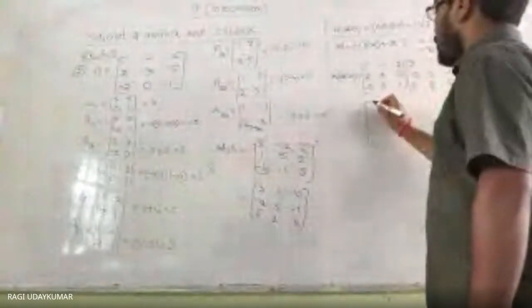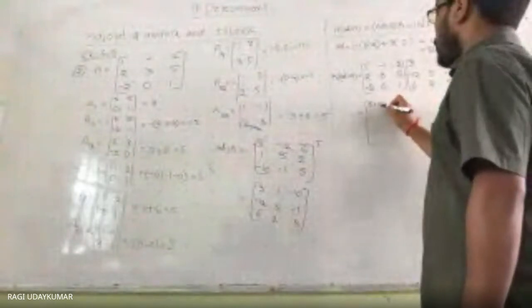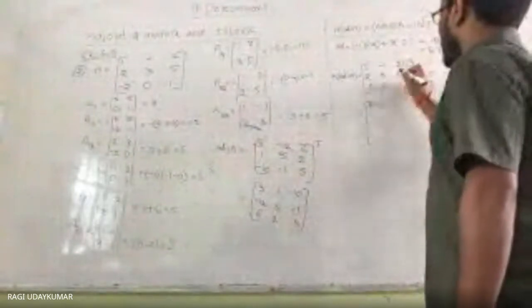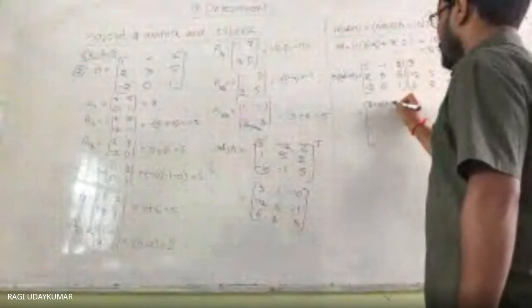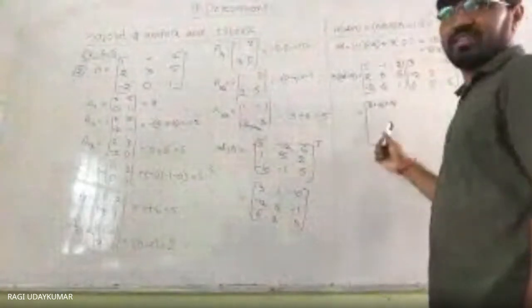That's all. How do we find the product of the two? This row with this column: 1 into 3, 3, 12, 3 plus 12 and again plus 12. What do we get? You got 27.